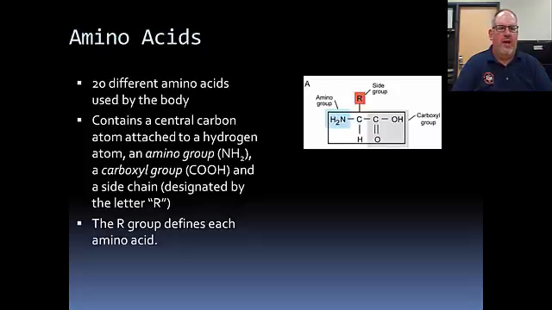Then we have a carbon structure called the side group, and these side groups are how we name a lot of the different amino acids. It's designated chemically as the letter R, and each R defines the names of the different amino acids. So we have things like arginine, lysine, leucine, and taurine, which are some of the different amino acids. It's this R group that gives the amino acid its name.